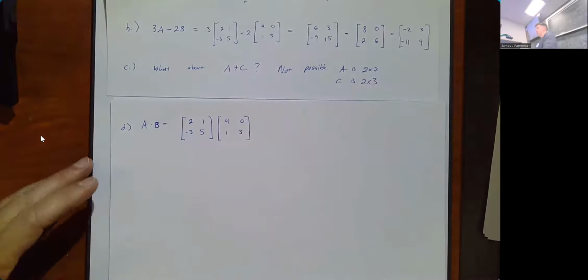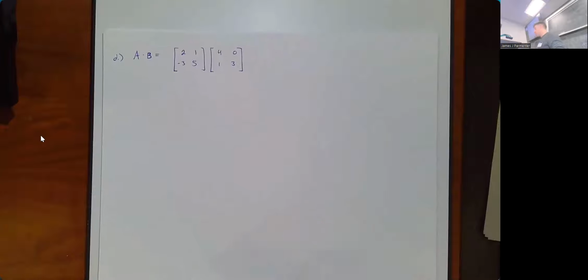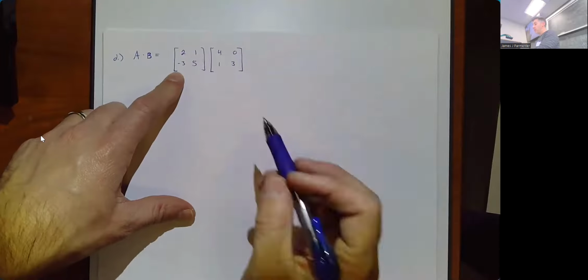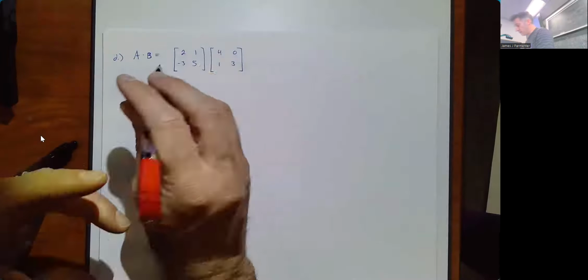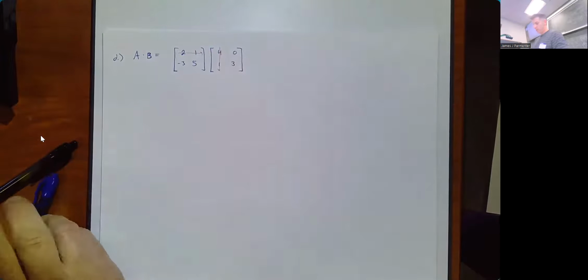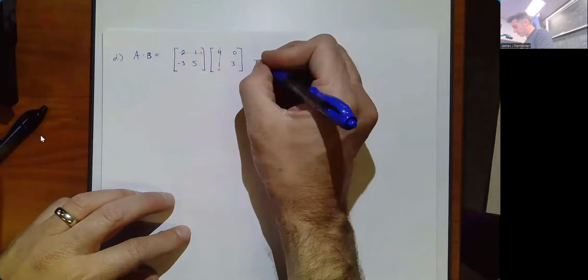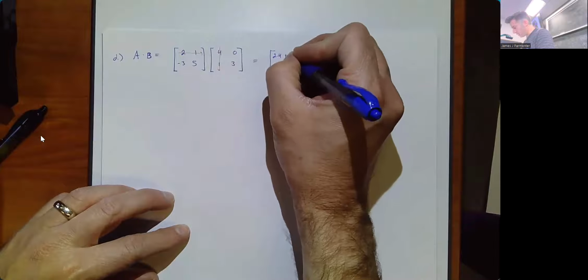And this is why we talked about the dot product. Because when you multiply matrices together, you are dotting rows of the first matrix with columns of the second matrix. So we're going to do this first row dotted with this first column. So we're going to get 2 times 4 plus 1 times 1.